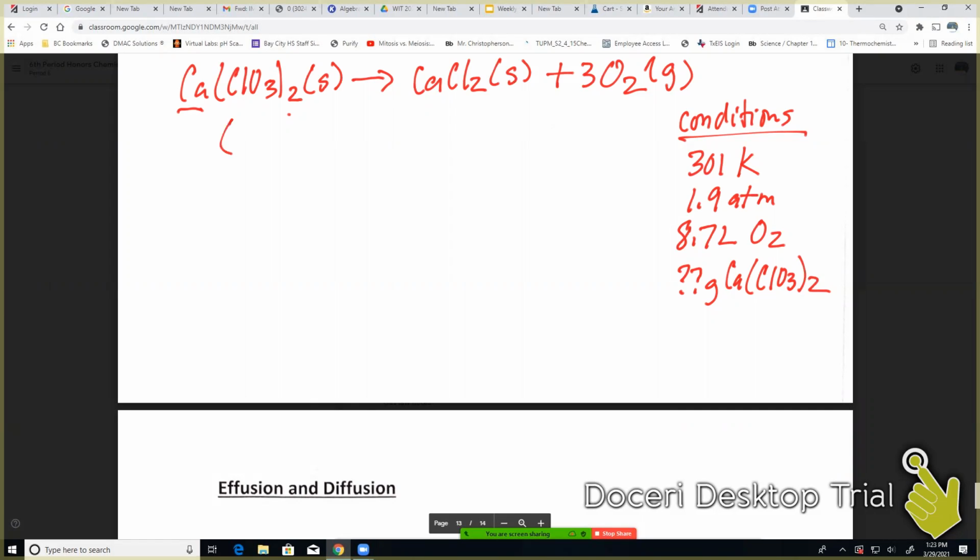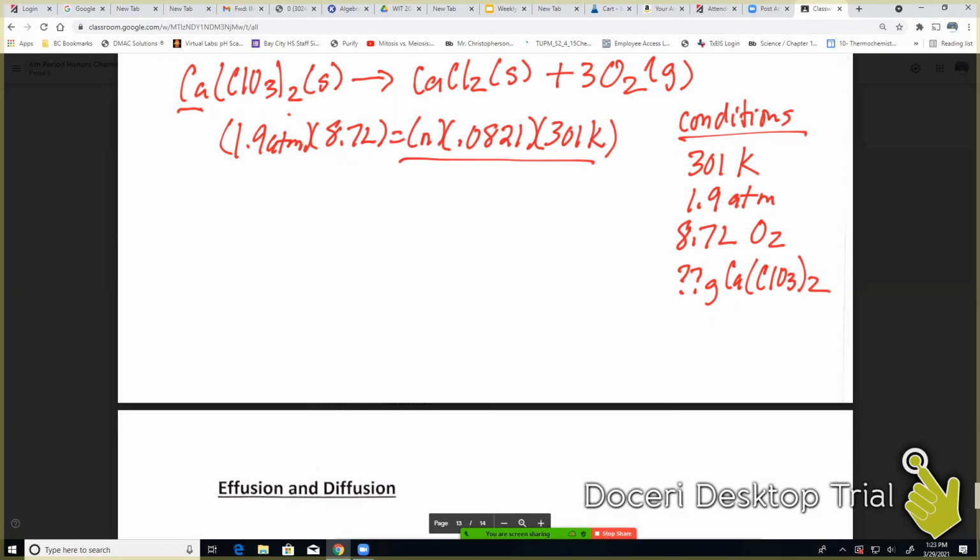So my pressure is 1.9 atm. My volume is 8.7. And remember, all this information is about oxygen, which is a gas, 0.0821. And then my temperature is 301 K. All right.